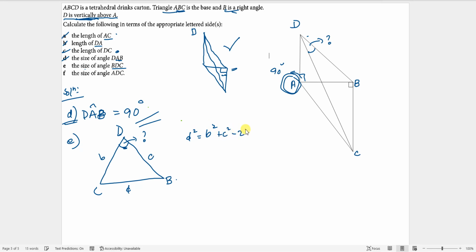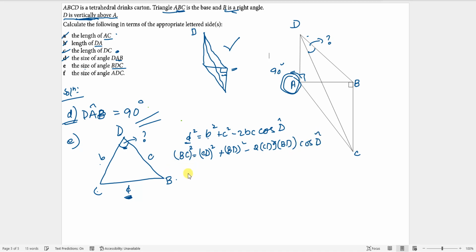So what is d square? D square is BC square. So BC square, you just take the side. Where is b? B is this, CD square. BC square equals CD square plus BD square minus 2 CD BD cos angle D.